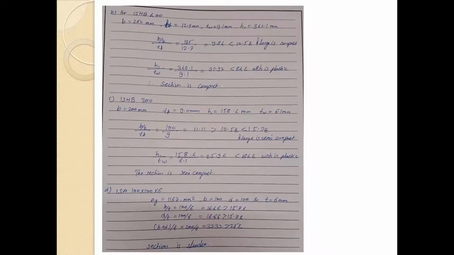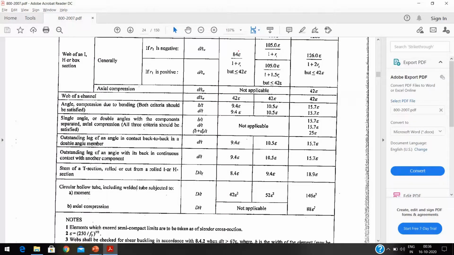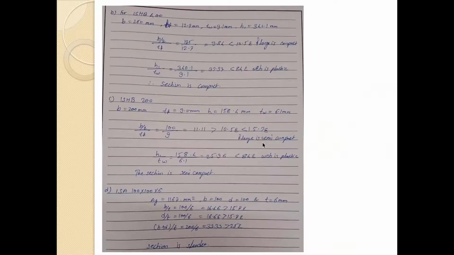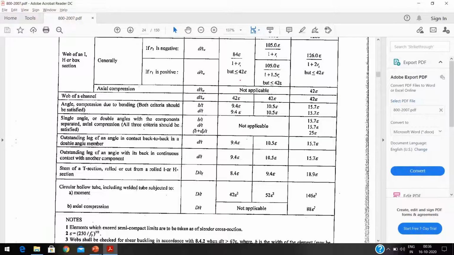Now we'll consider ISHB 400. So B is 250 mm, TF is 12.7 mm, TW is 9 mm, and H1 has been given as 340 mm. So again we need to check this B by 2 and TF. By checking this, it is 9.84, which is lesser than 10.5 and greater than 9.4.